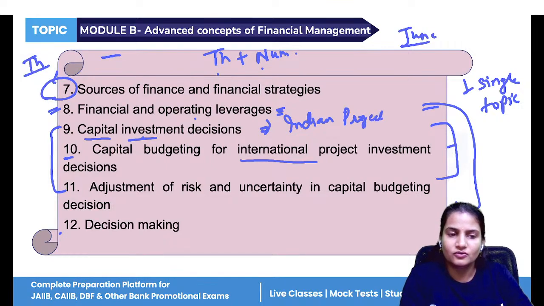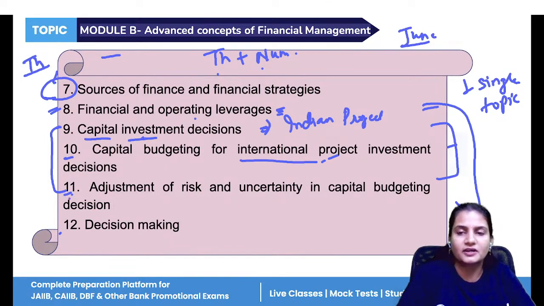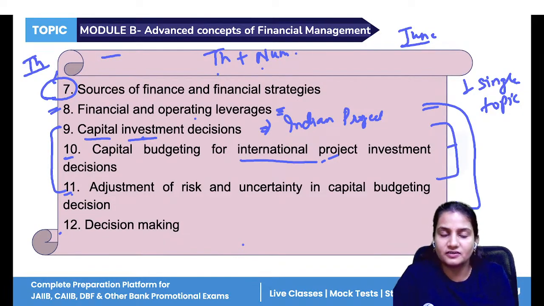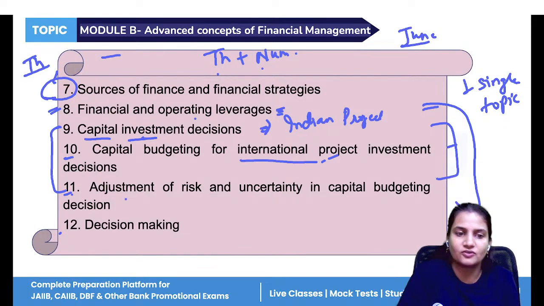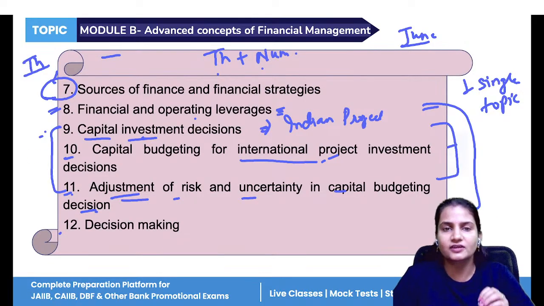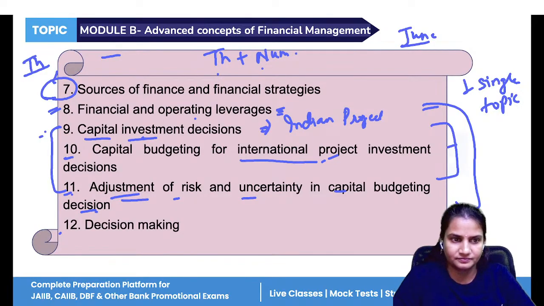Unit number 10, you will take decisions related to your international project. And in unit number 11, when investing in any foreign country's project, what are the risks and uncertainties you have to face? That is all about how to adjust those risks and uncertainties in capital budgeting decisions. That is why these 3 units are part of one single topic, capital budgeting.